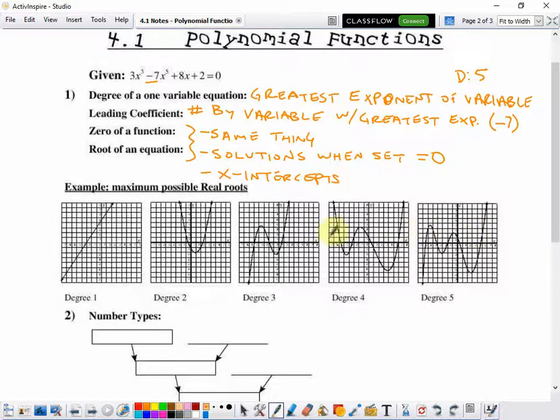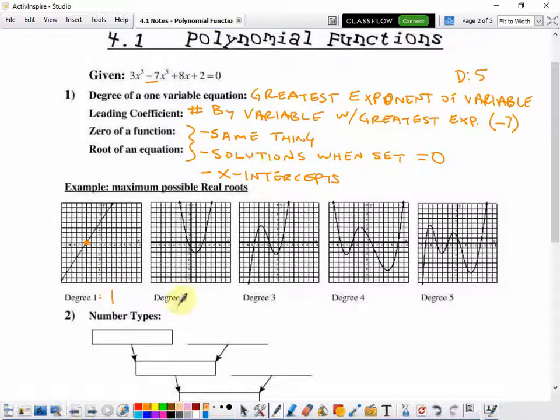So here are some graphs. And we're going to talk about the maximum number of possible real roots. This right here is an example of a degree of 1, like y equals mx plus b, just x to the first power. And you'll notice that it crosses the x-axis one time. The maximum number of real roots in this case is 1.